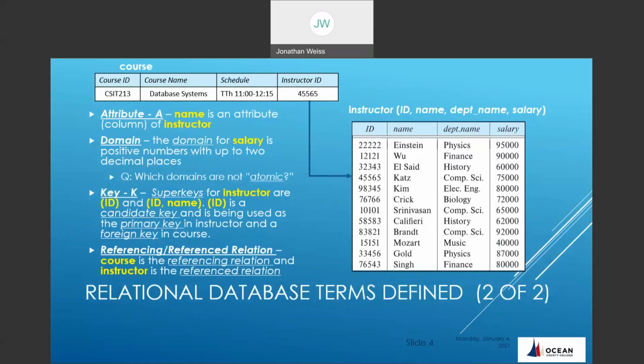If I say I want to select the instructor from the instructor relation whose last name is Mozart, okay, that is a select. I am selecting one tuple out of this relation.